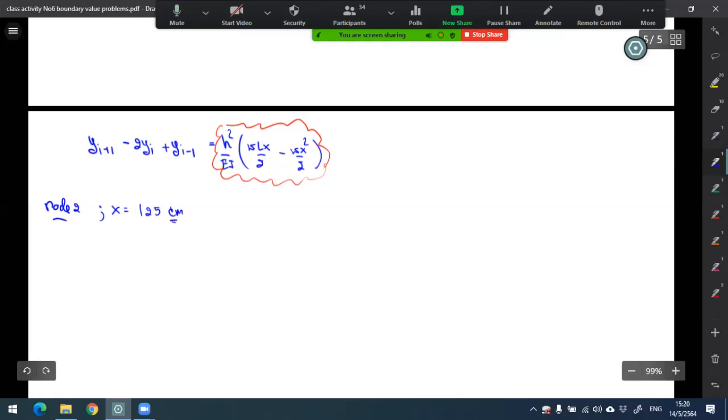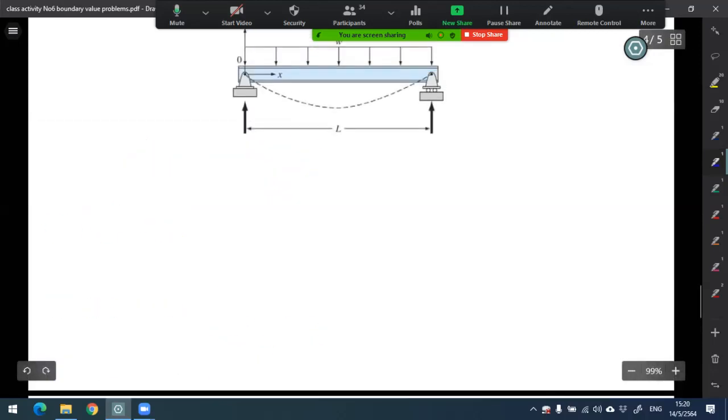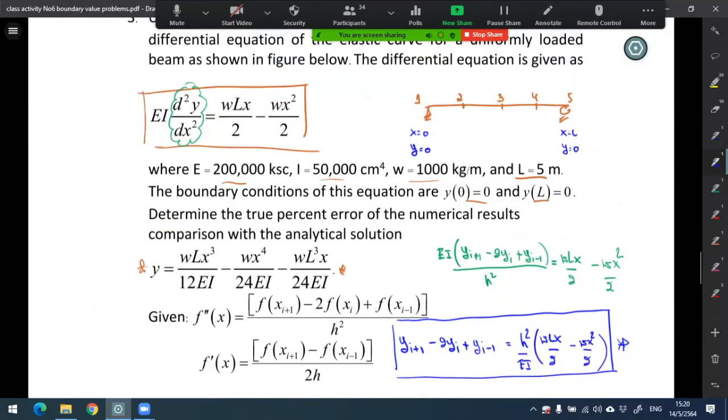I use the unit of centimeter because it is easier than converting the unit to meter. But for students who would like to convert it to meter, that is okay.